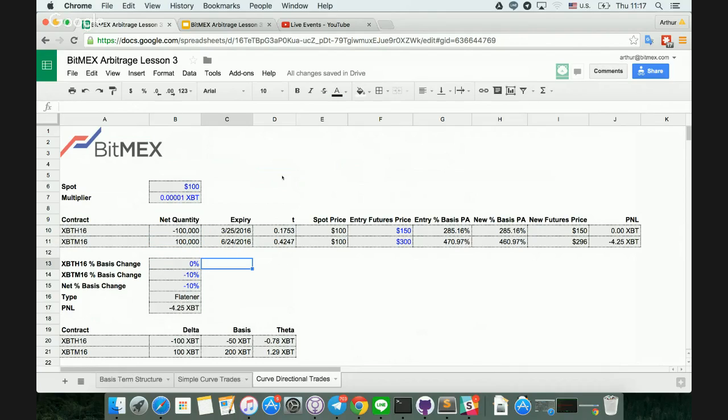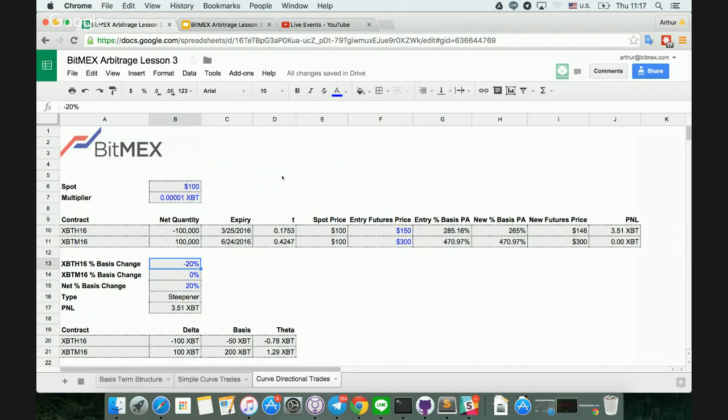Now let's go down here. How do we make money on this trade? We're long the M16. So what we want to do is we want the spread to widen. So that means either, let's assume that we keep M16 flat, H16 declines in terms of annual basis changes, right?